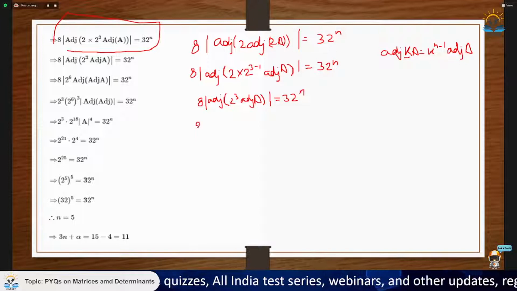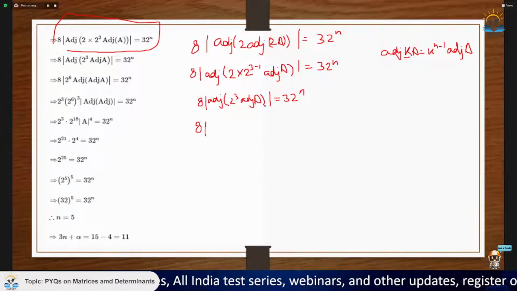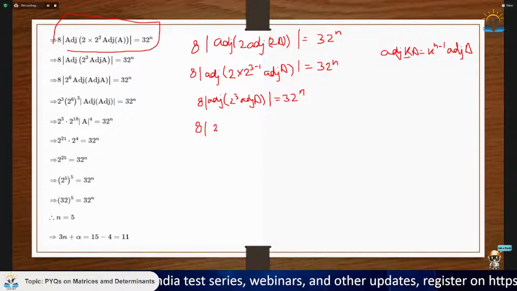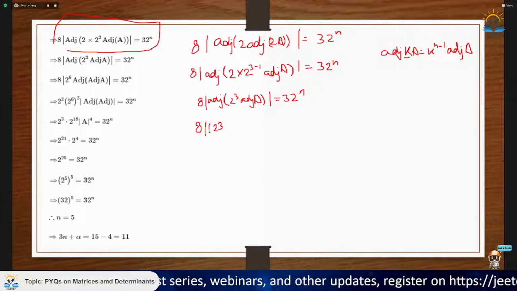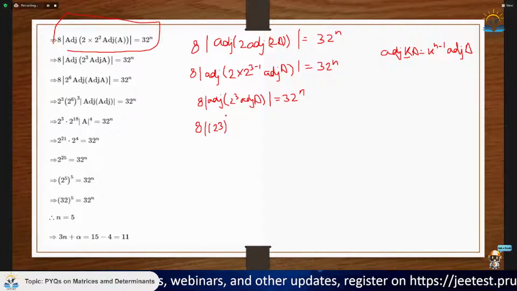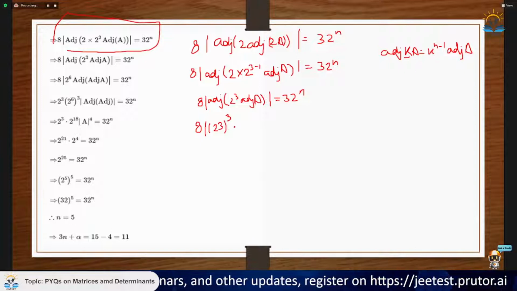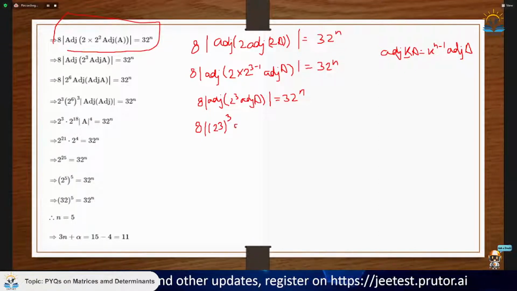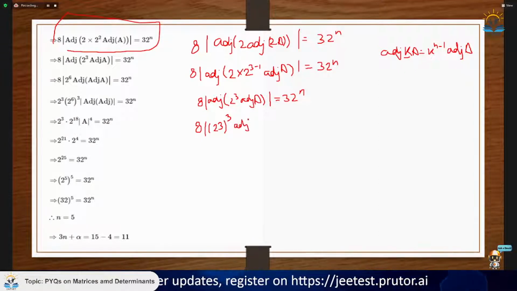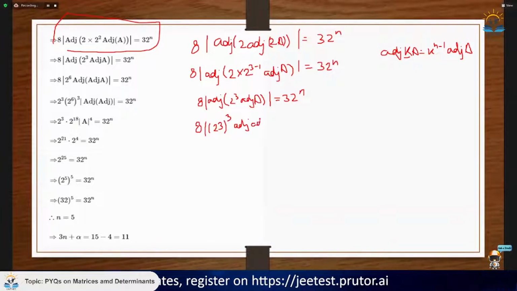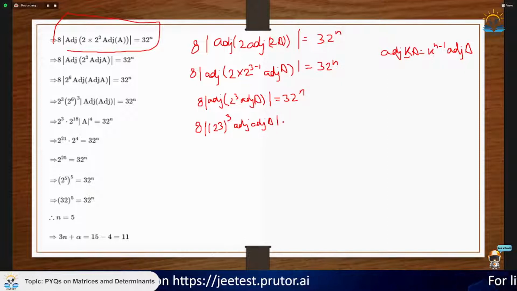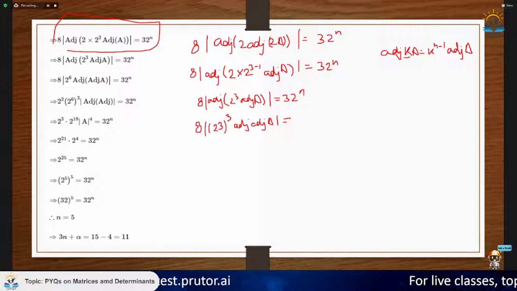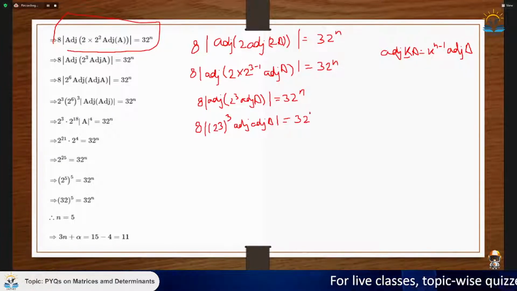Again use the property of adjoint, same property. Okay, 8 power n minus 1 will come out, so 2 power 3 power n minus 1. Again n minus 1 will be 3 only, so 2 power 3 into adjoint of A is equal to 32 power n.